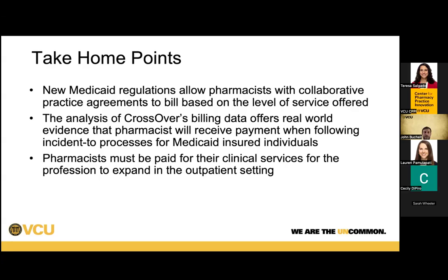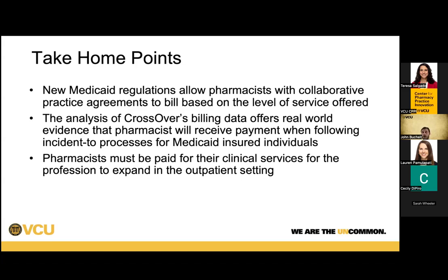So my take-home points, pharmacists: the new Medicaid regulations allow pharmacists to bill based on the appropriate level of service. So you can do it. You can get paid for it. It has been done, and there's proof of concept here at Crossover. And this is real world data. And pharmacists, I think, should be doing this to make sure that we are getting paid appropriately for our services.